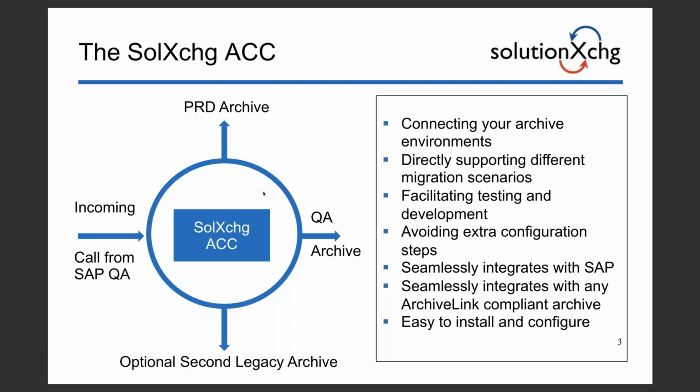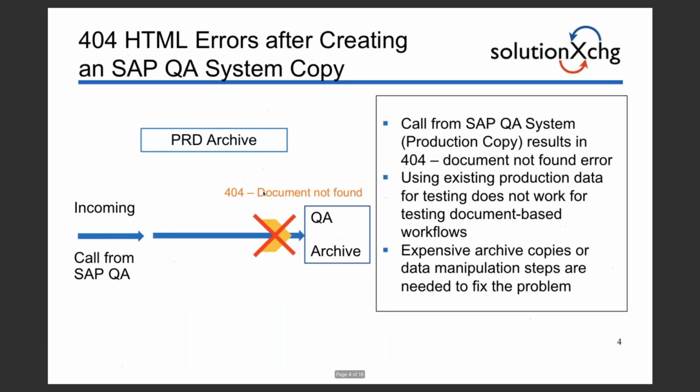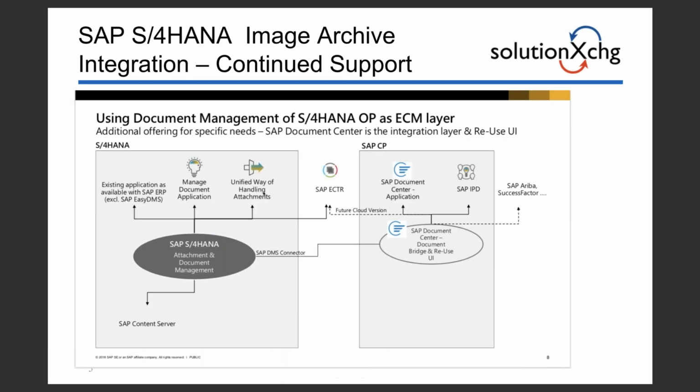Now, there is a lot of security and obviously safety checks in place, and we'll get to those a little later. But before we go there, I want to spend a few minutes to also look at S/4HANA and image archive integration into S/4HANA, and spend a few words here on how this does work in an S/4HANA environment.